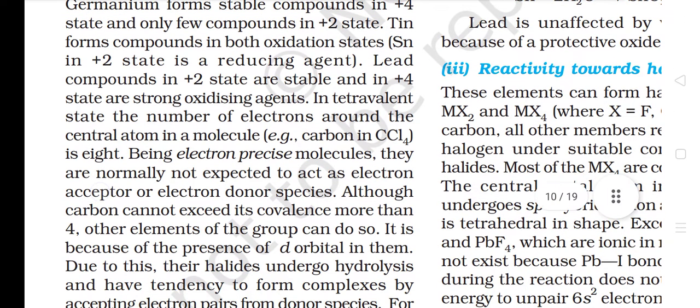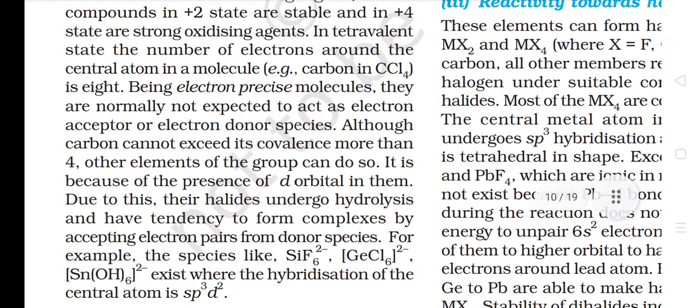In tetravalent state, the number of electrons around the central atom in a molecule, for example carbon in CCl4, is 8. Being electron precise molecules, they are normally not expected to act as electron acceptor or electron donor species. Although carbon cannot exceed its covalence more than 4, other elements of the group can do so.